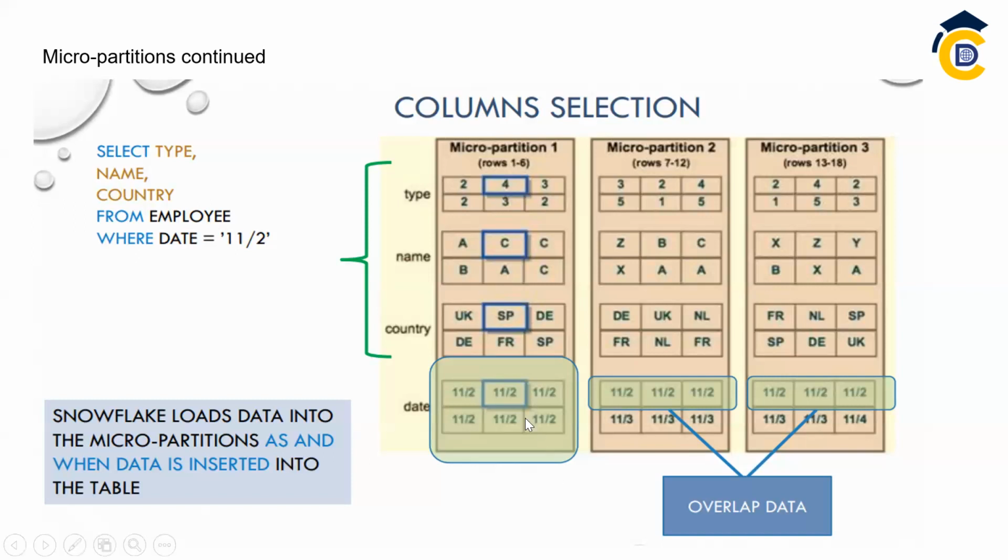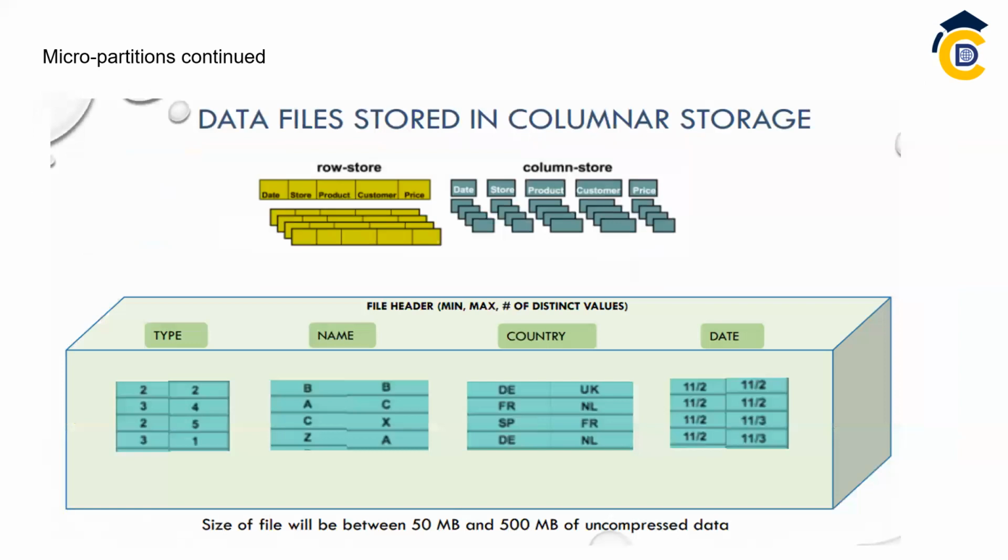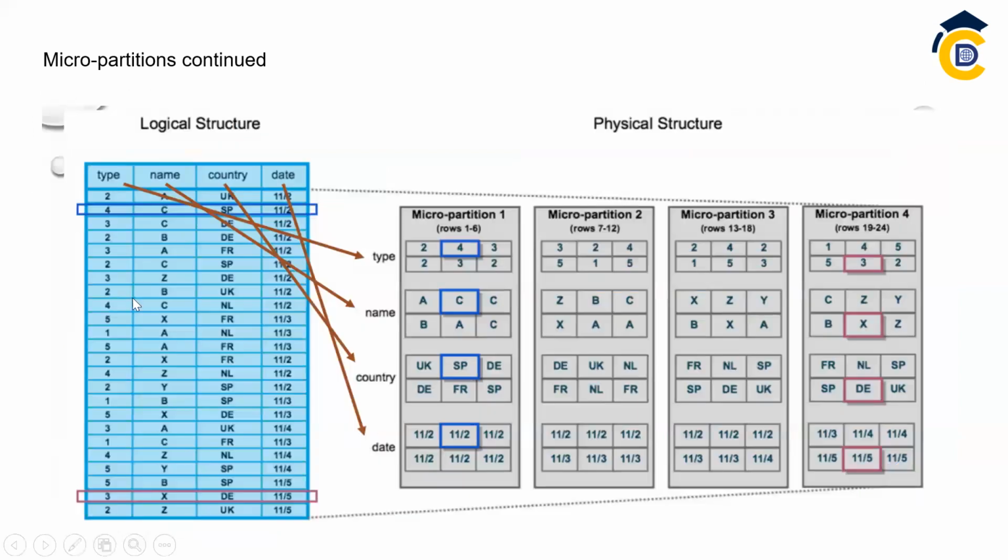Okay, guys, see now here, I'll go back to this data here. Let's just focus on the date here, because this has become a natural column to partition on. See here, 11 by 2 is continuously coming up till here, right? Then 11 by 3 starts to come.